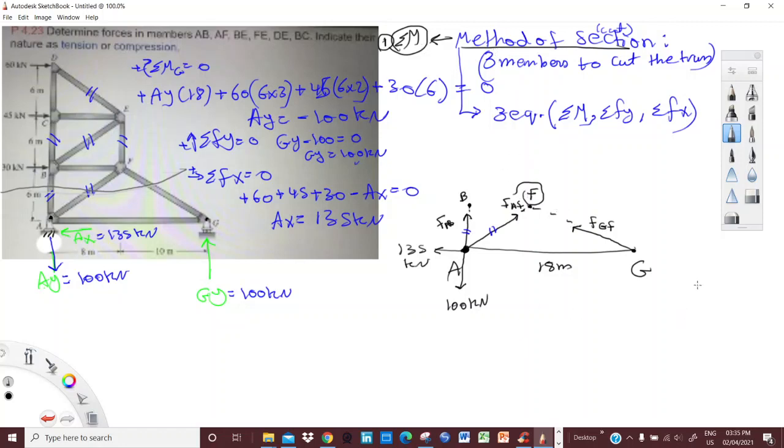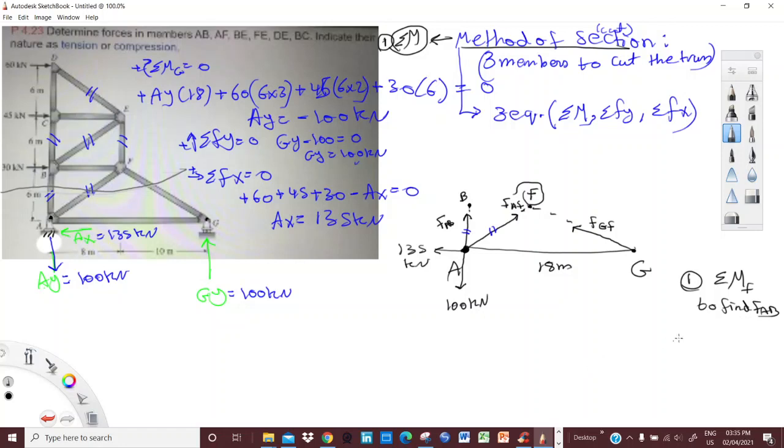So number one, to start with the method of section, I need to start with the summation of moment. I can either choose a moment at B, but then I will have two unknowns. So it's better to do summation of moment at F because it will cancel FAF and FGF, in order to find FAB.